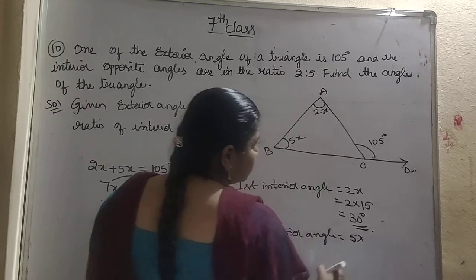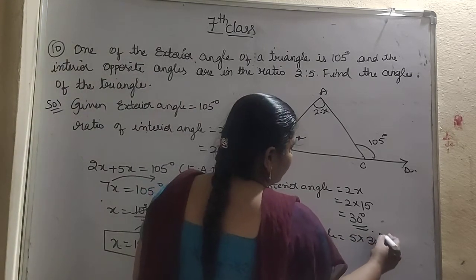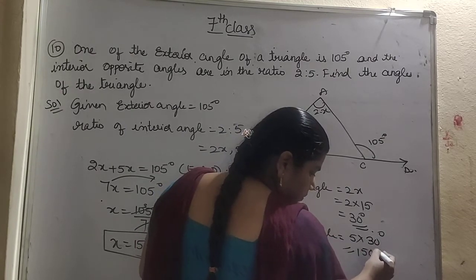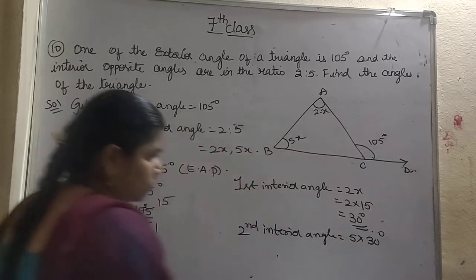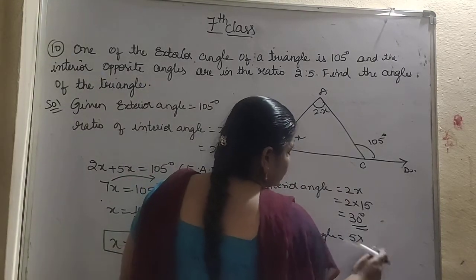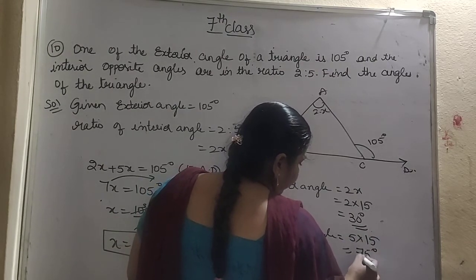So 5 is a constant value. In place of x we can substitute 15. So that will be equals to 75 degrees.